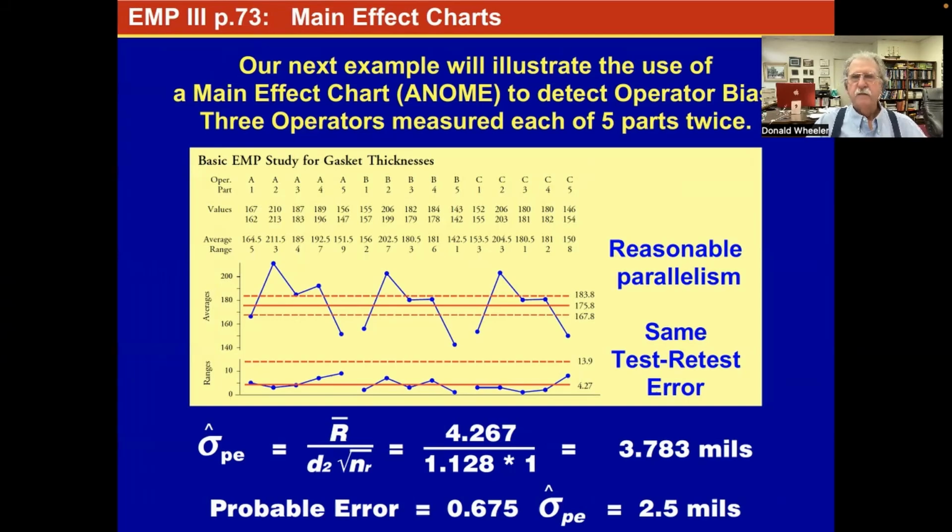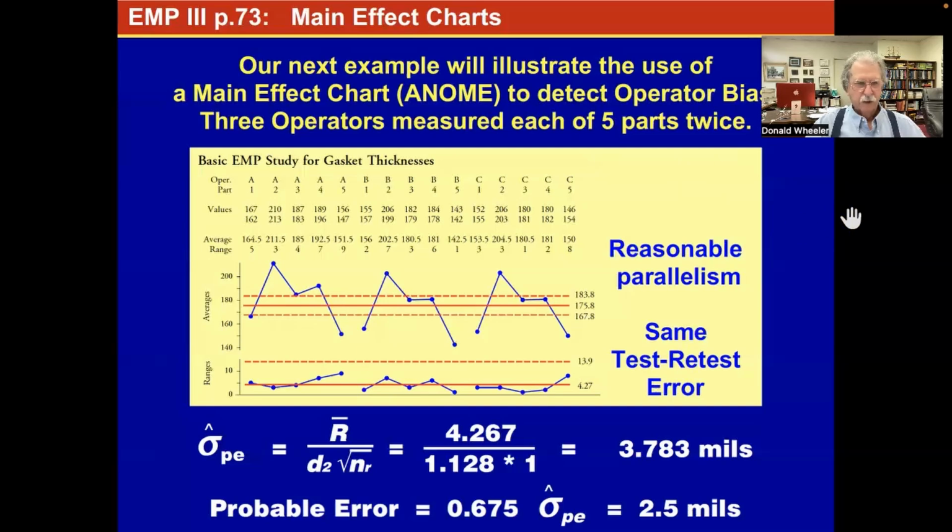So what about main effect charts? Our next example will illustrate the use of the main effect chart, ANOME, to detect operator bias. 3 operators measured each of 5 parts twice. Right off the bat, we see reasonable parallelism, similar test-retest error.